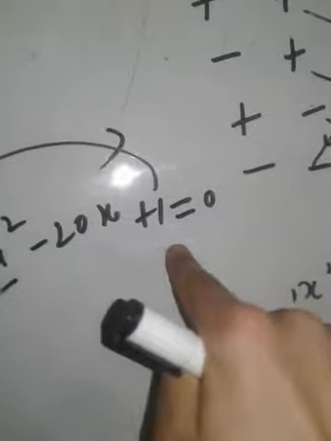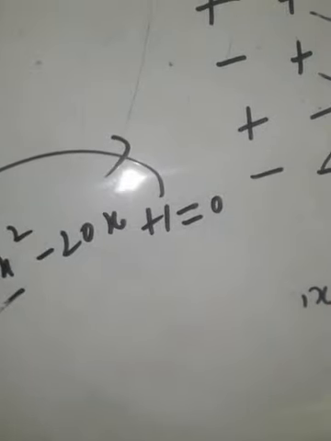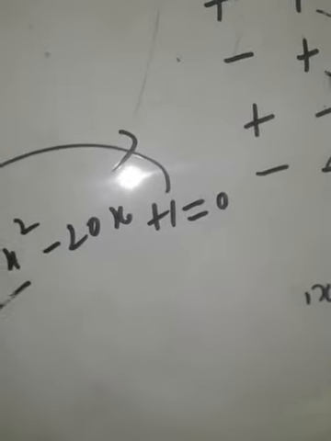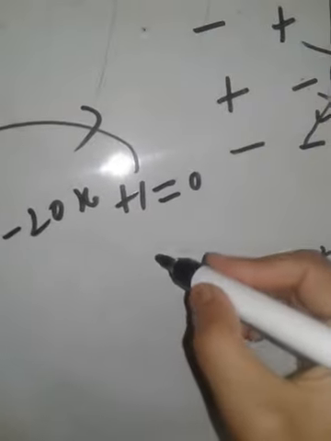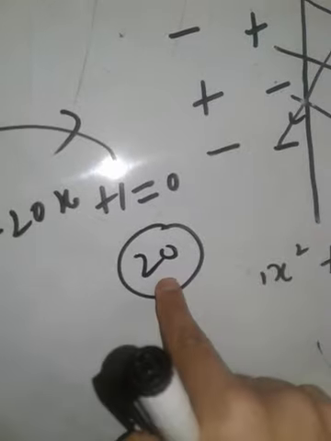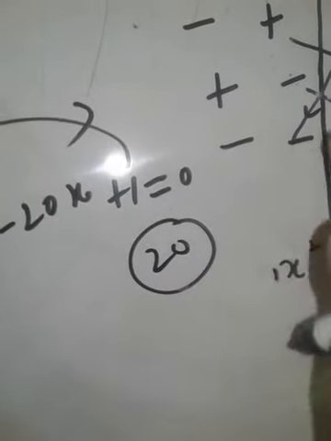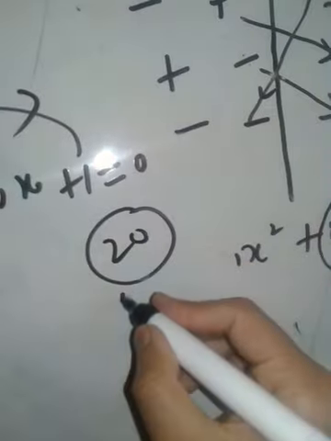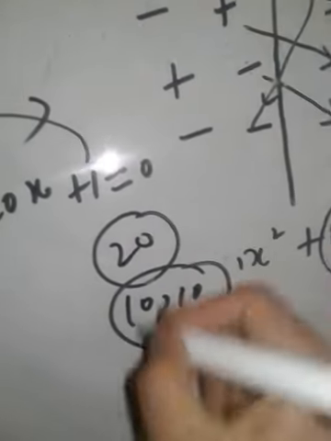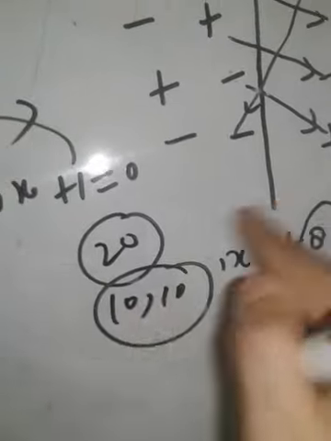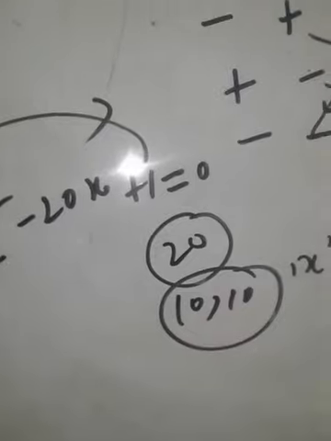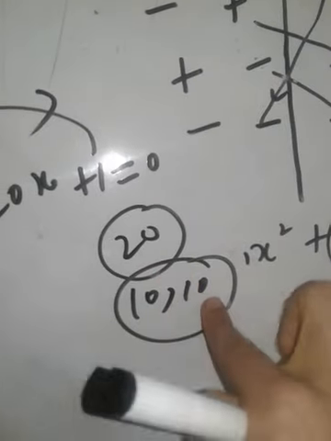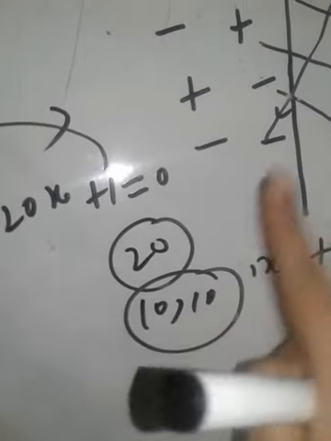So split 20 into two numbers whose product should be equal to this 100. It is 10 and 10. 10 plus 10 is 20. No need to remember the sign, just remember it is 20. 10, 10, simple.